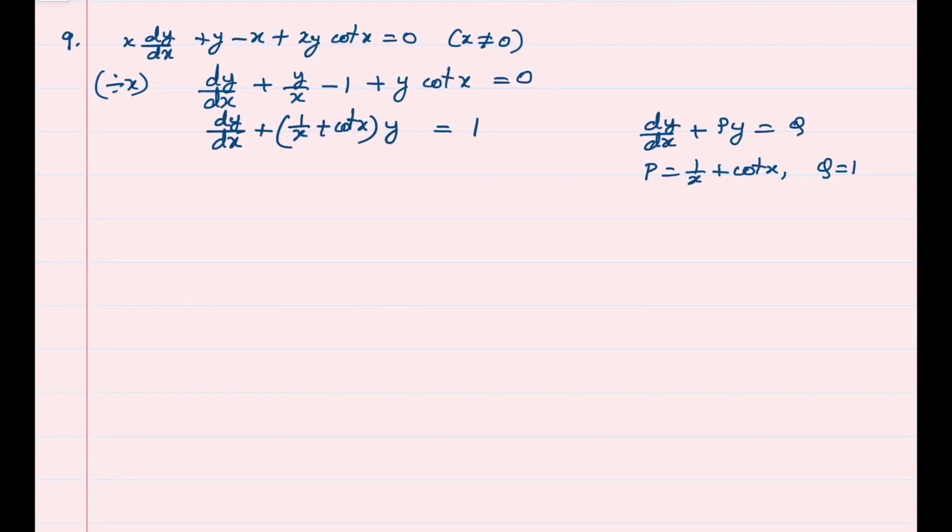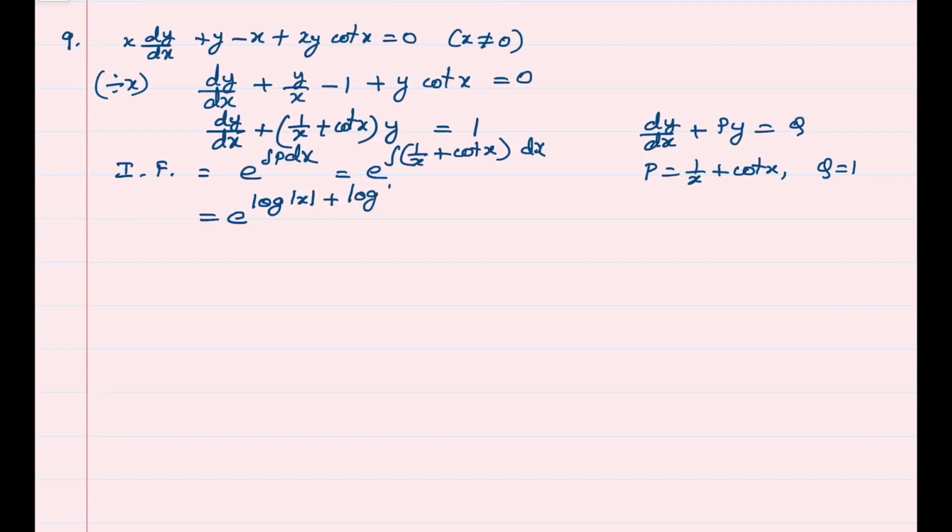We will find the integrating factor, which is e raised to integral p dx. E raised to integral p is 1 by x plus cot x times dx. E raised to integral of 1 by x is log of absolute value of x plus integral of cot x is log of absolute value of sin x.